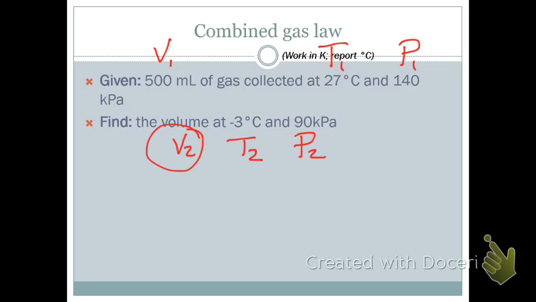We can't work any of this in degrees Celsius. So for temperature 1, remember I'm limited in space, I have 27, and I'm going to have to add 273. So get your calculator and take 27 plus 273, which is going to be equal to 300.